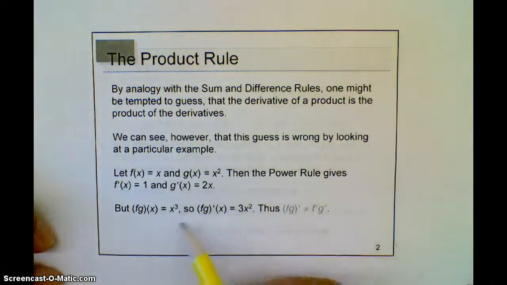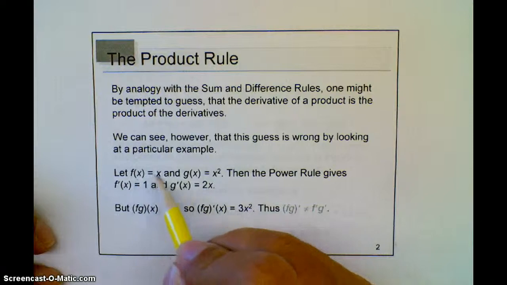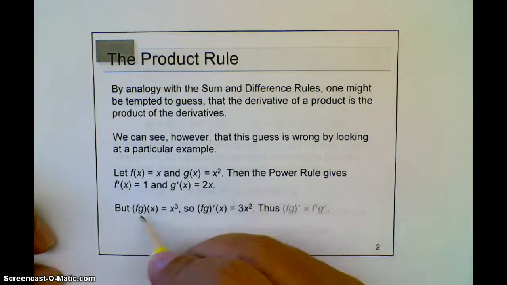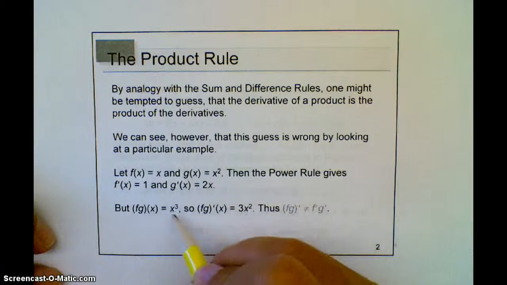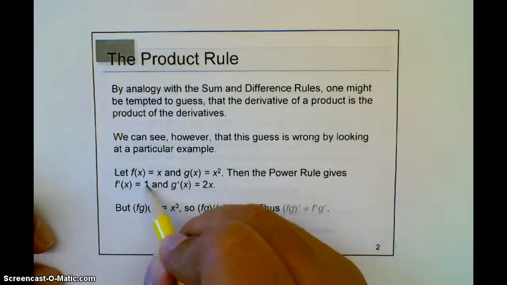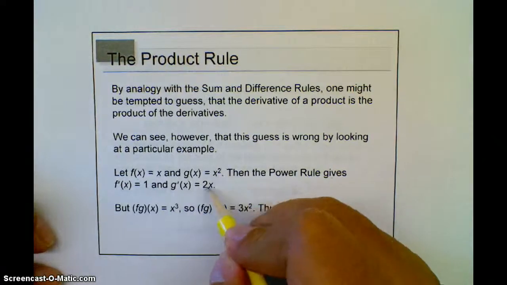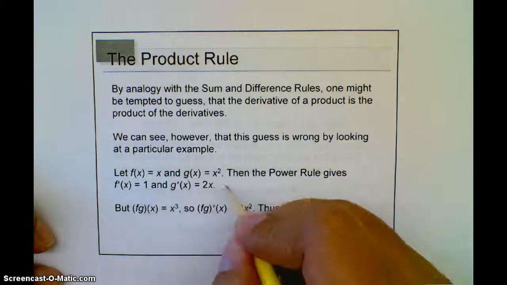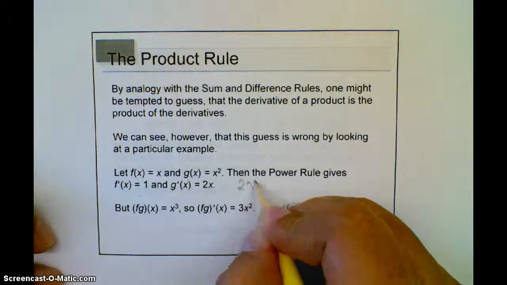So in this example, if we define f of x as x and g of x as x squared, you know that if I multiply these two functions, I get x cubed. So if I'm trying to take the derivative of the first one, the derivative of x is 1, the derivative of x squared is 2x, and if I multiply these two derivatives, the answer is 2x.